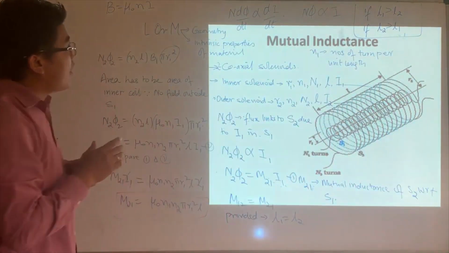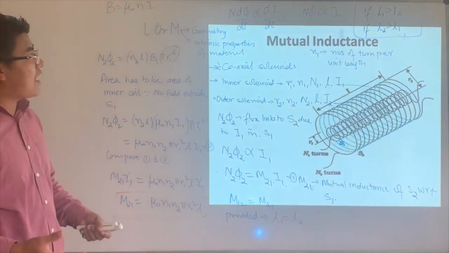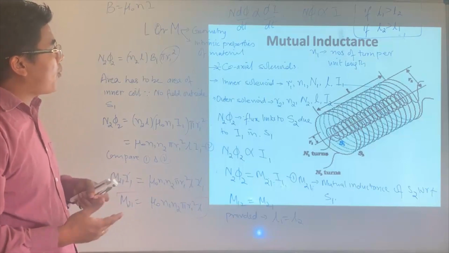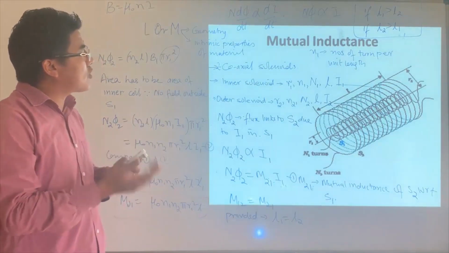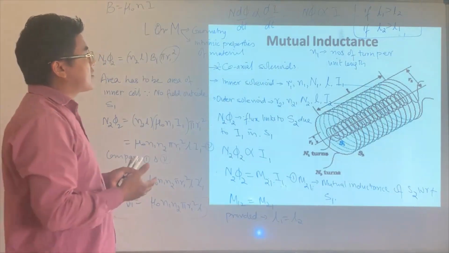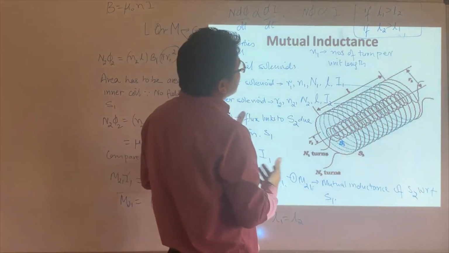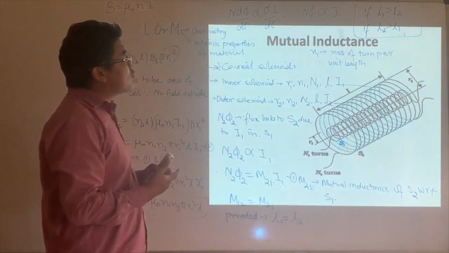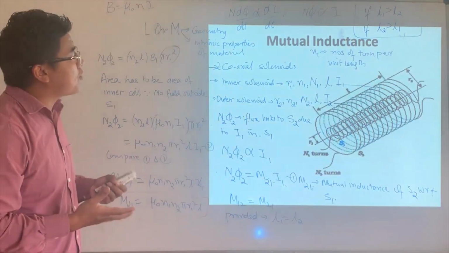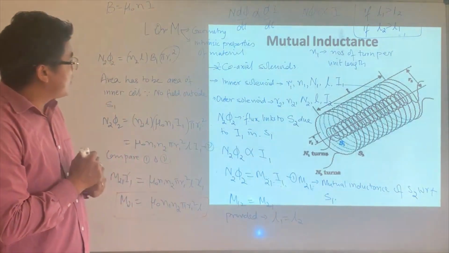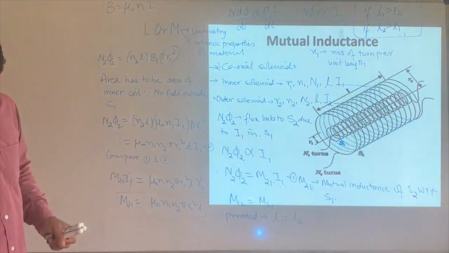What is the problem if L1 is more than L2? Is there any problem? It is easy to find the mutual inductance if L1 is greater than L2, or if L2 is more than L1. So I have done with L1 equal to L2. This is what we have for mutual inductance.